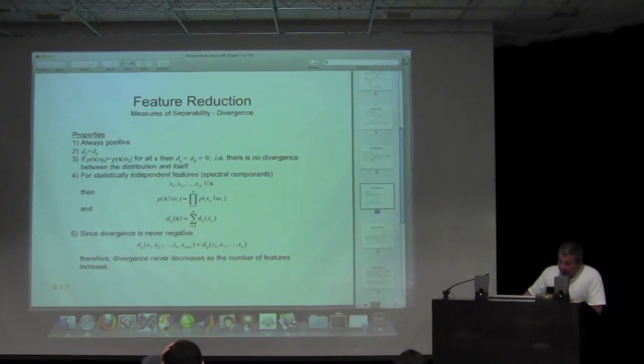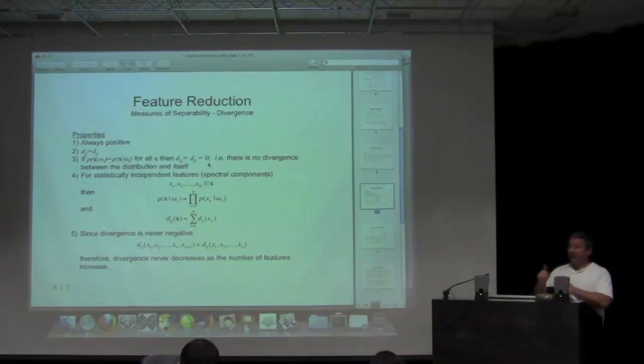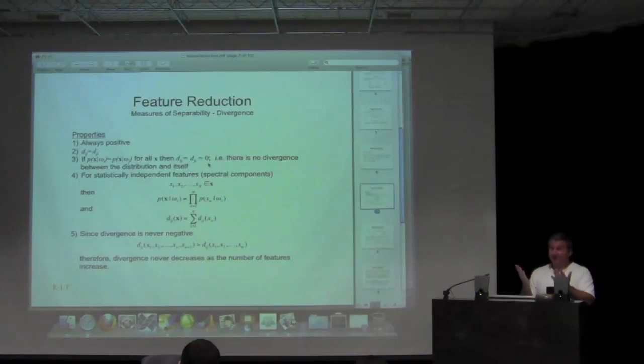If the probabilities are equal for all x's between the two classes, that means the two classes essentially have exactly the same probability density function, then the divergence between those two classes is 0. So if I have two identical probability density functions and I compute the divergence between them, there's no divergence because they perfectly overlap one another.